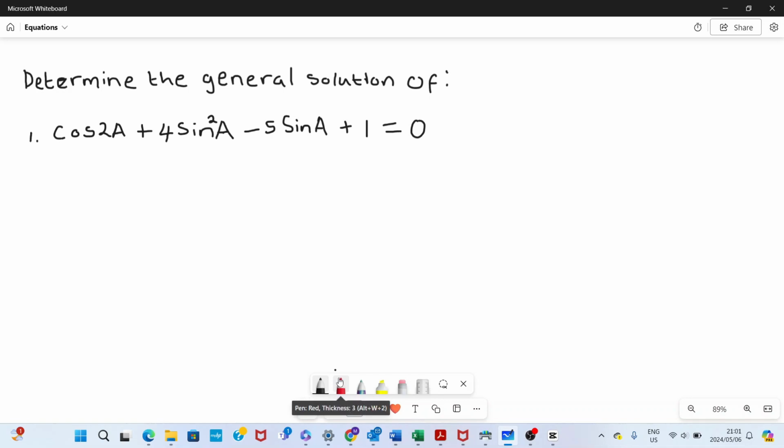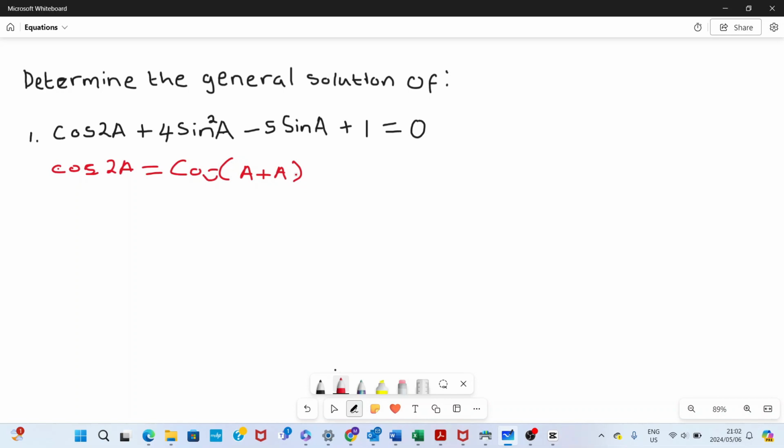In attempting this question, firstly we'll have to break down what cos 2a is. cos 2a is equal to cos(a plus a), right?